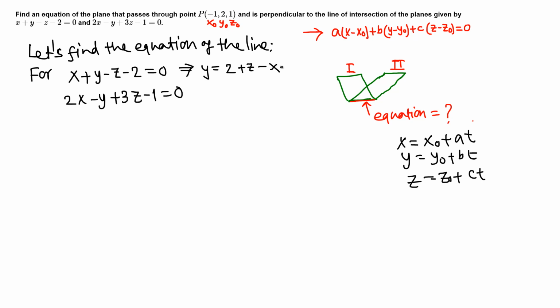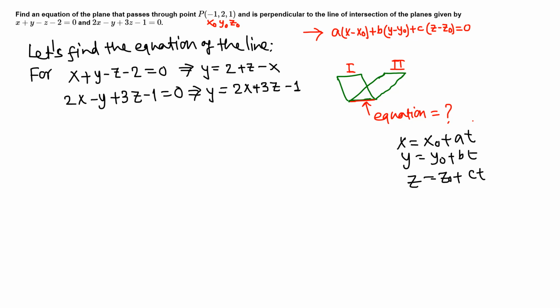So this is y equals 2 plus z minus x. Similarly, from the second plane, add y to both sides, so y equals 2x plus 3z minus 1. Now this is y equals, this is also y equals, so we can set them equal.